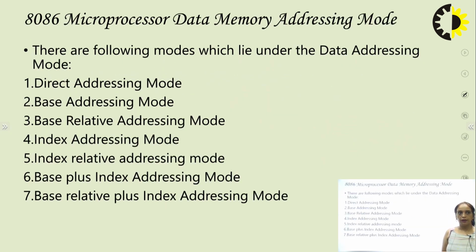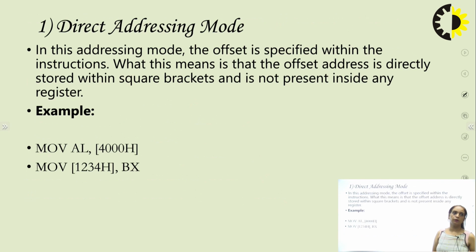Then in 8086, the data memory addressing mode is further classified into these: direct addressing mode, base addressing mode, base relative addressing mode, index addressing mode, index relative addressing mode, base plus index addressing mode, then base relative plus index addressing mode, right? In direct addressing mode, the offset is specified within the instruction, which means the offset address is directly stored within the square brackets and is not present in any register.